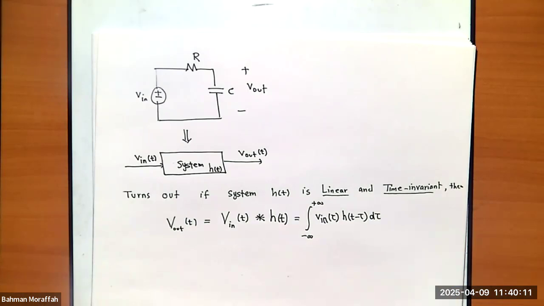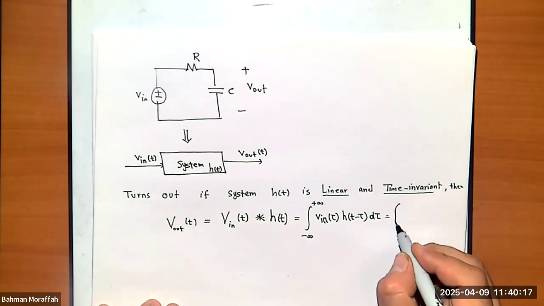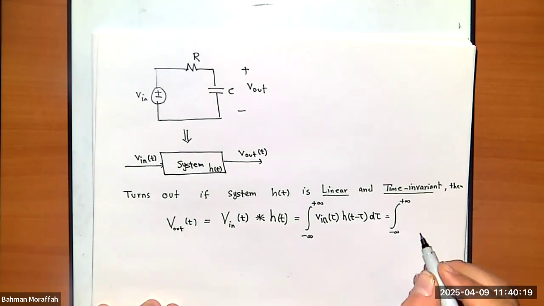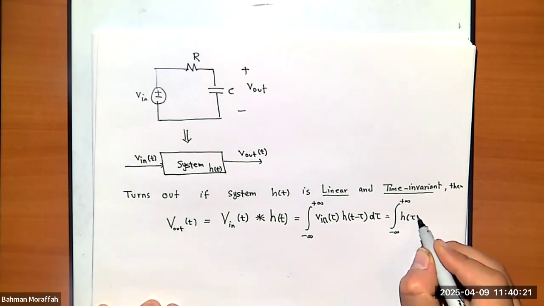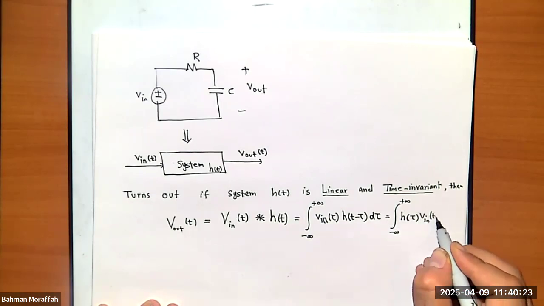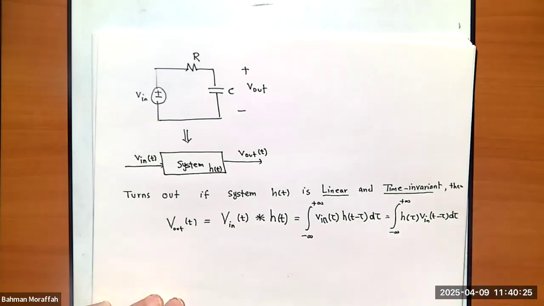And since convolution is commutative, I can rewrite this as h of t convolved with V in, which is the integral from negative infinity to infinity of h of tau, V in of t minus tau, d tau. So as soon as I tell you what the input is, and you know what the system is, you can compute this integral, and you know exactly what the output is.